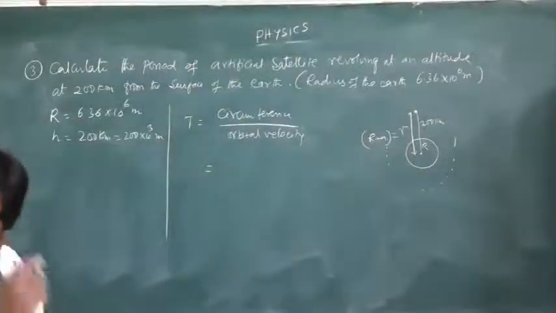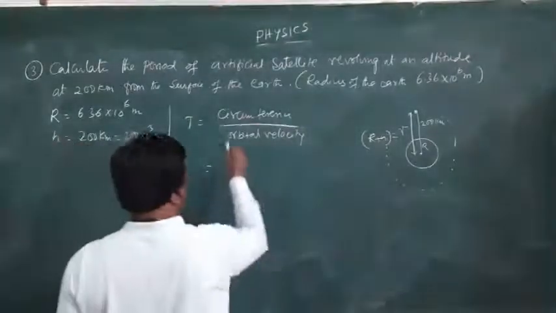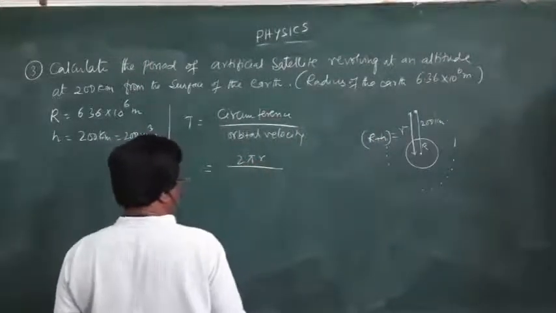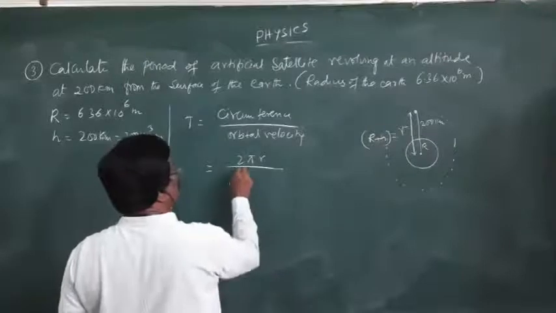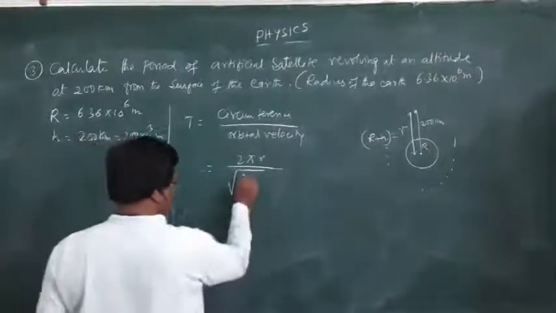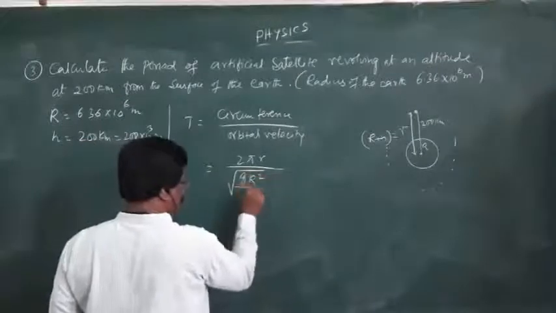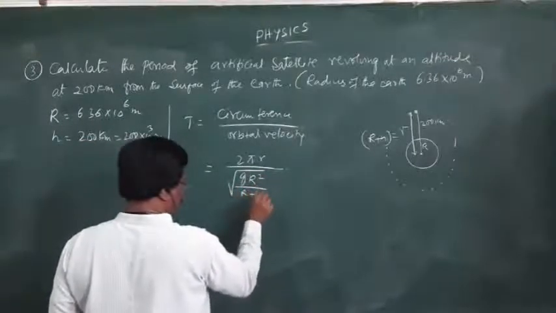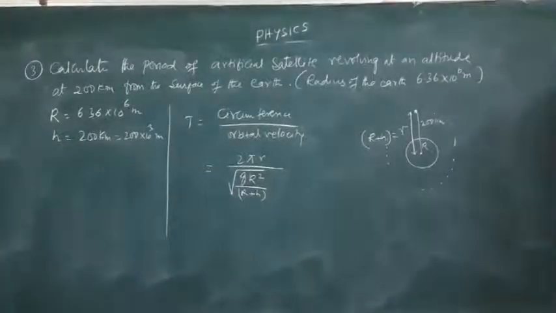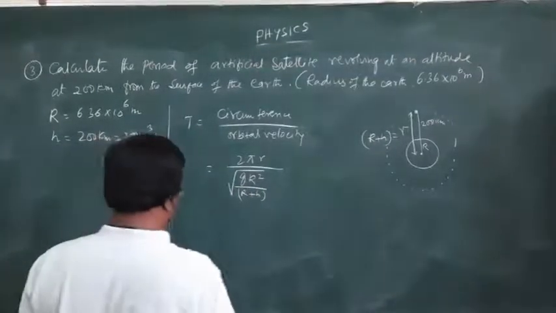Orbital velocity formula we know. Circumference is 2 pi r divided by orbital velocity, which is square root of g R square divided by R plus h. So we have to substitute all these values in the given equation.